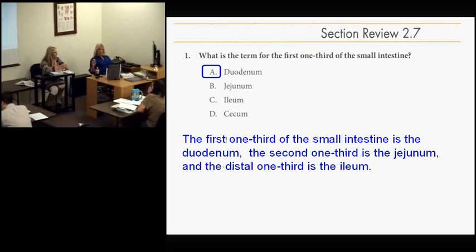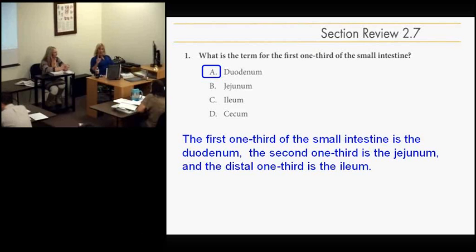There are 2 ileums in our body. There's the ilium, which is a bone in your pelvis, and there's the ileum, which is part of your small intestine.